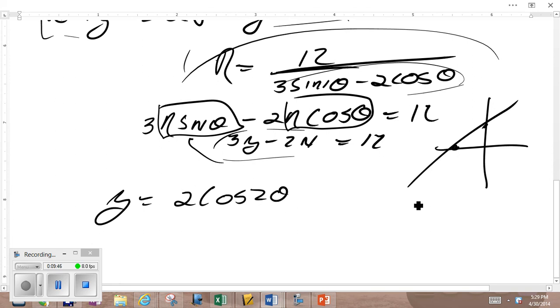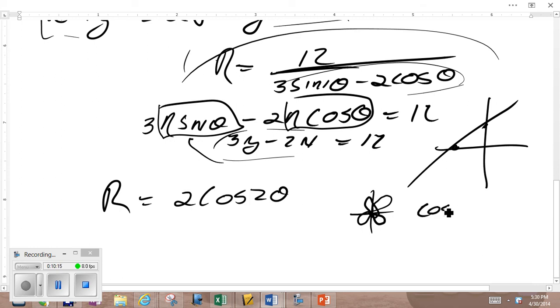Should realize that this is some kind of a shape like this, which we called a 4-leaf rose. Of course, that's r, not y. And I think one of the things you want to incorporate is the double angle identity.